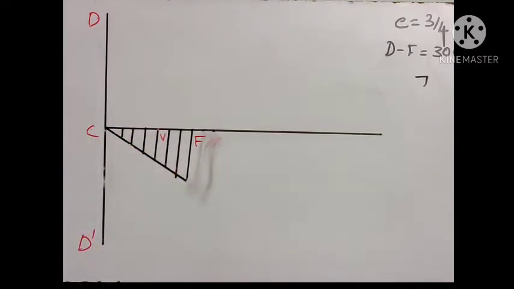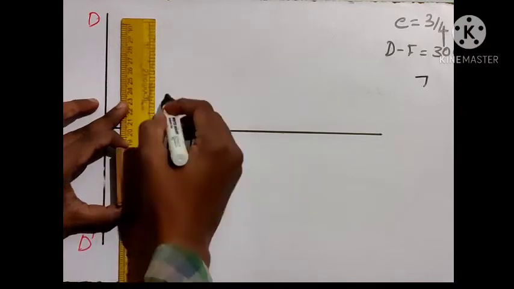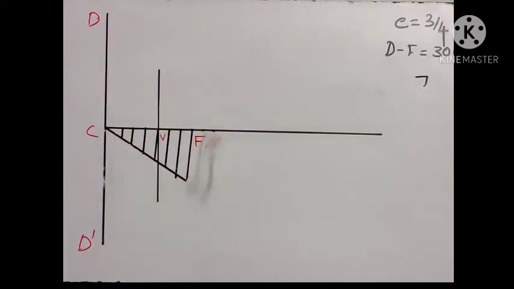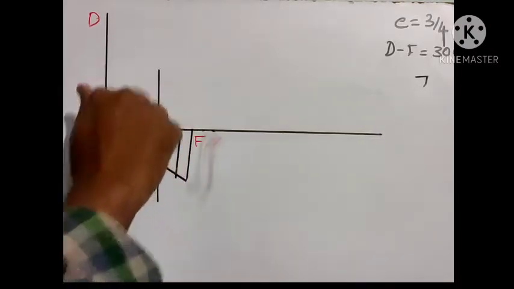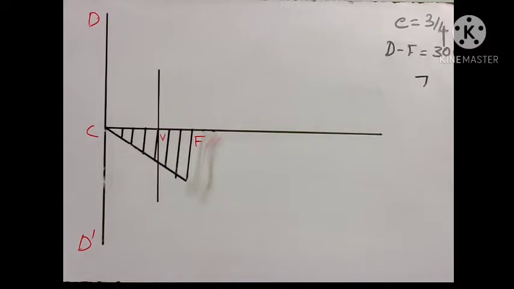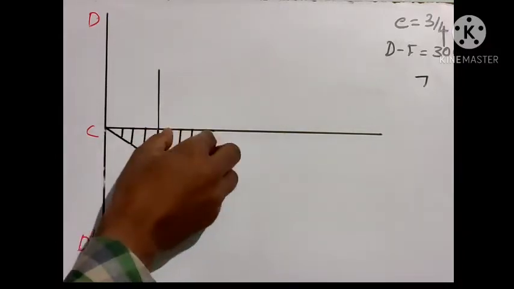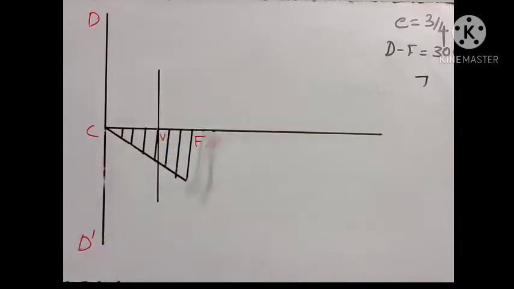Okay. So the next step is quite simple. What you need to do is, from vertex you need to draw a vertical line, something like this. Something like this, and after that you need to, using the compass, you need to make the arc in this line. So the radius of that arc is the distance between V to F, and V as the center, you need to make an arc something like this.